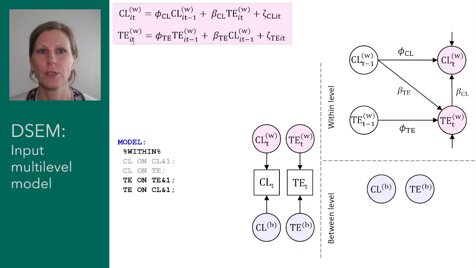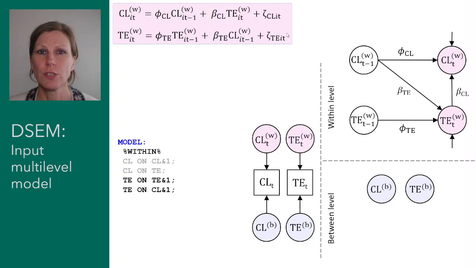So tension of individual i at occasion t, the within person part of this, is regressed on tension of individual i at t minus 1, also the within person part of this. And the same basically for the closeness. So closeness of individual i at occasion t minus 1, within person part of this. So we see this cross-lagged parameter here is actually this arrow over here. This autoregressive parameter over here is actually this arrow over here.